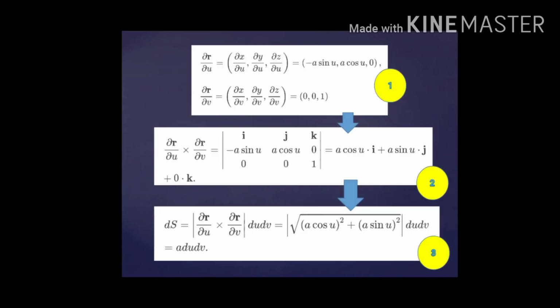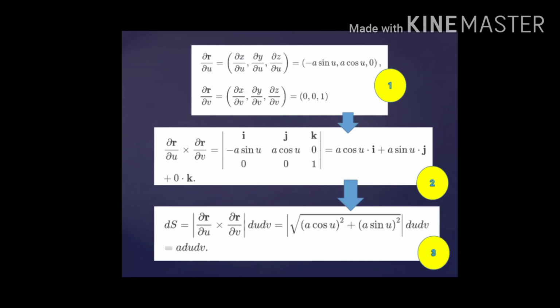Now first, we calculate the partial derivatives shown in picture number 1. Then, find their cross product in picture number 2, in which we can conclude that it is a cosine u times i plus a sine u times j plus 0 k.